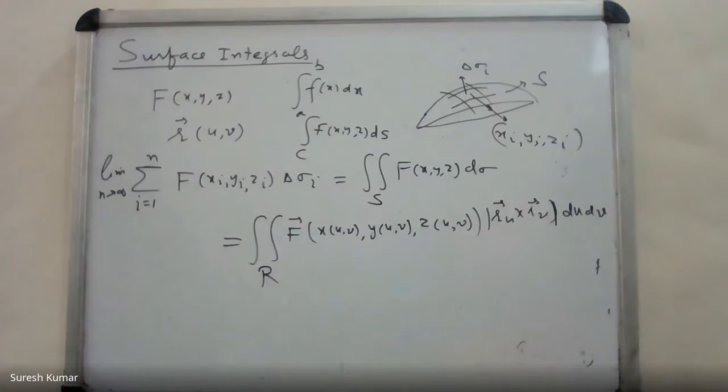And you can see the limits of u, v in the uv plane in the region corresponding to the surface. Okay? So this is the working formula for surface integral.